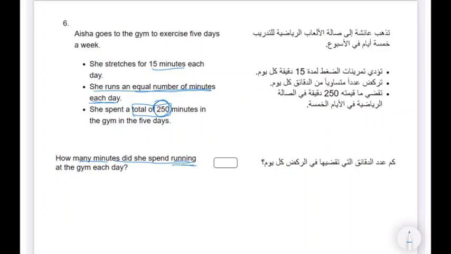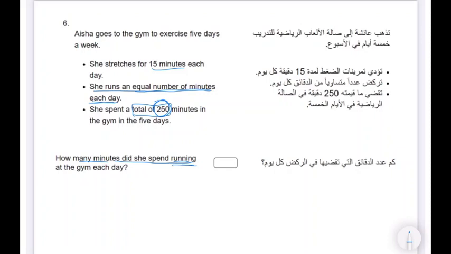We first have to find the total number of minutes that she actually exercised each day. They told us that she spent a total of 250 minutes in the 5 days. But we want to find on each day, how many minutes did she spend in the gym.